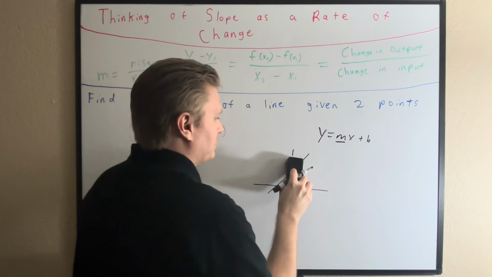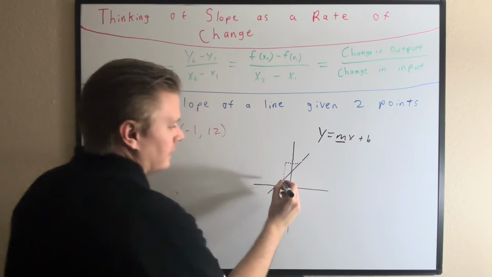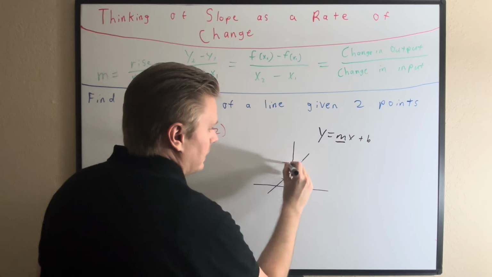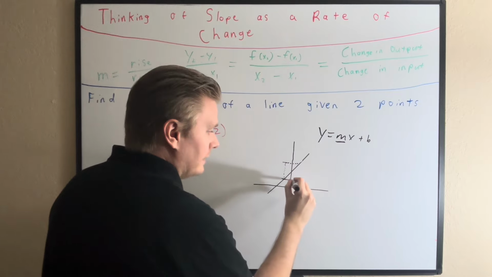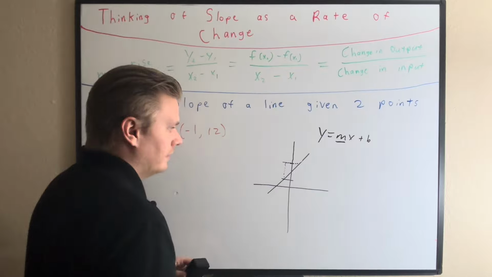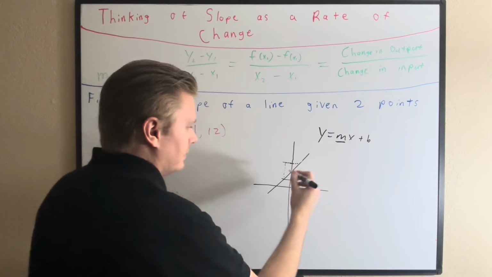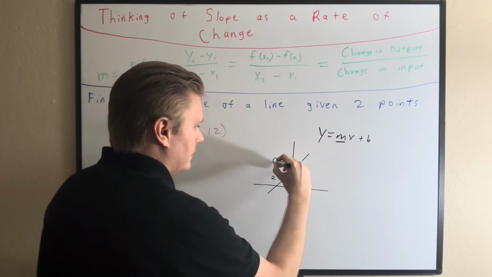But what is rise over run? It is simply the difference between a certain height and another height, right? We're just taking, let's say this is 2 and this is 6.